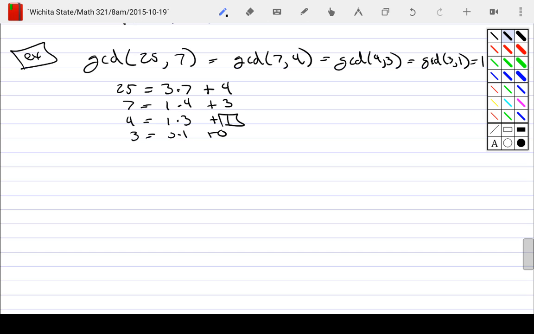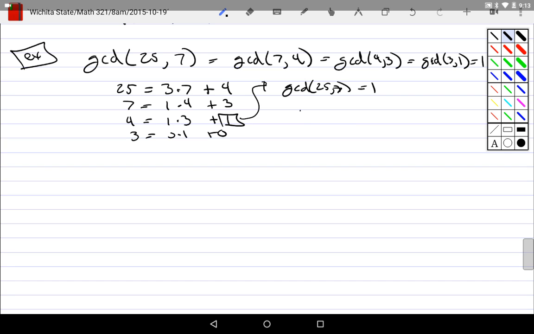All right, one of the nice features is, let's look at this one for a second. This 1 ends up being the GCD of those two numbers. So let's look at this line for a second. I notice that the GCD of 25 and 7 is 1. What would happen if I threw this entire thing in reverse for a second? So that tells me that 1 is equal to 4 minus 1 times 3.